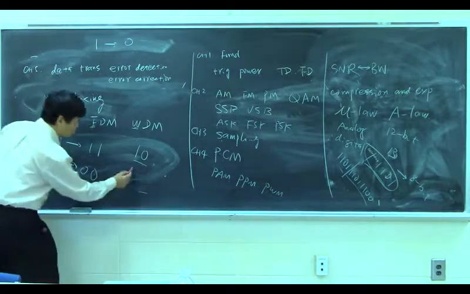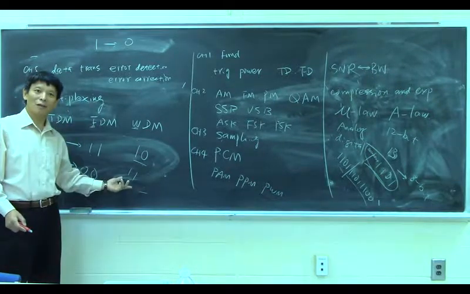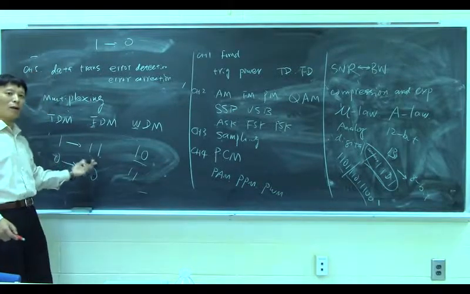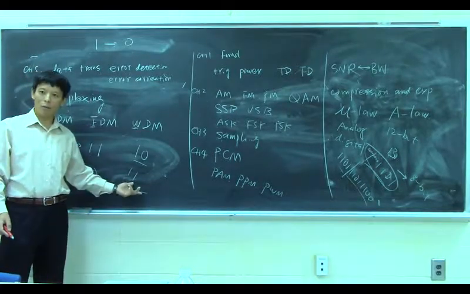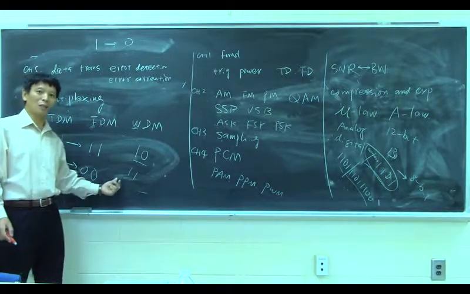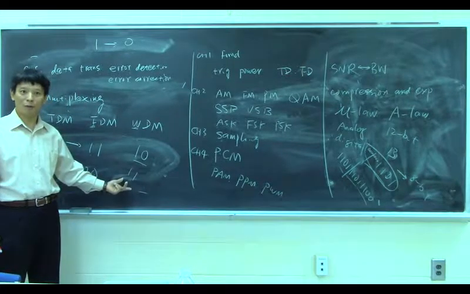How about this one? You received 1, 1. Do you think there's an error or not? Maybe no, which means I transmitted 1, 1 and you received 1, 1. Or maybe yes, I transmitted 0, 0 and you received 1, 1. Both are incorrect. That is possible, right?